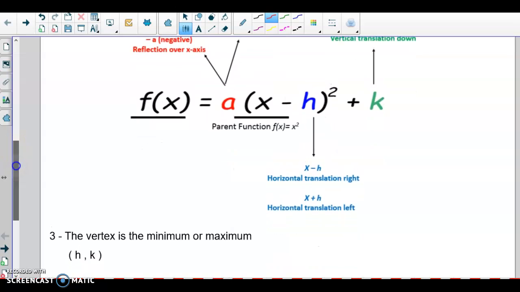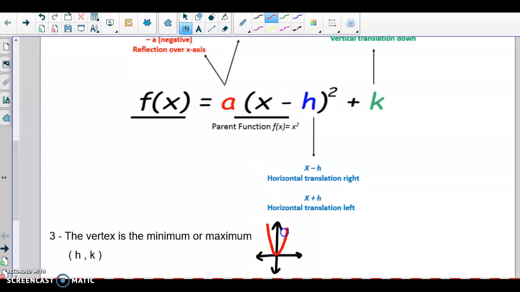The first thing we don't know about the parent is the vertex. And that vertex will always be H and K. This should make sense. If you remember your parent function, my parent function is centered at 0, 0. So just think about it.